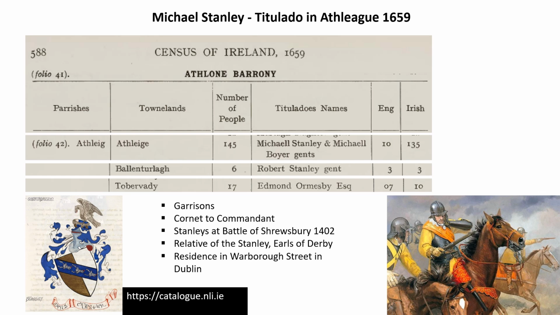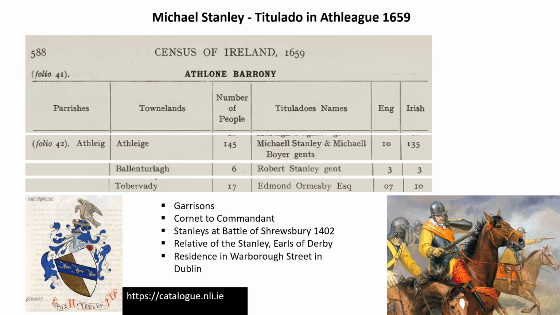Stanley was a member of quite an illustrious family, but on a separate branch. The Stanleys had fought on both sides at the Battle of Shrewsbury, the Battle of the Two Henrys, in 1402, 1403. And then a separate branch became the Earls of Derby and titular Kings of the Isle of Man.